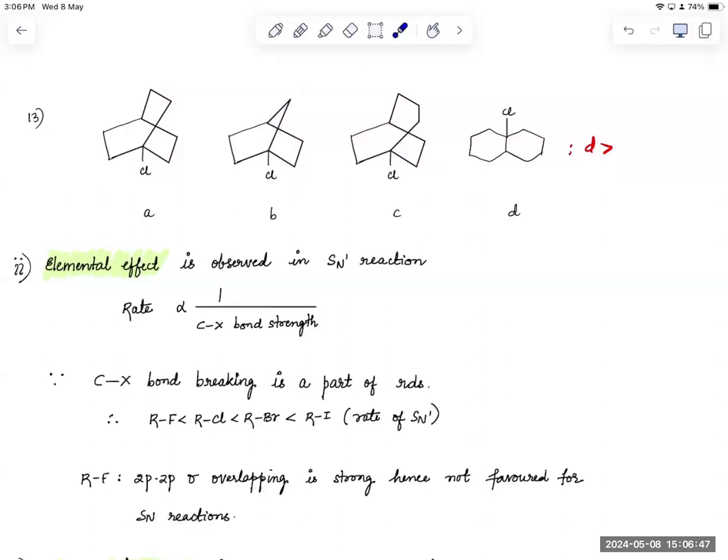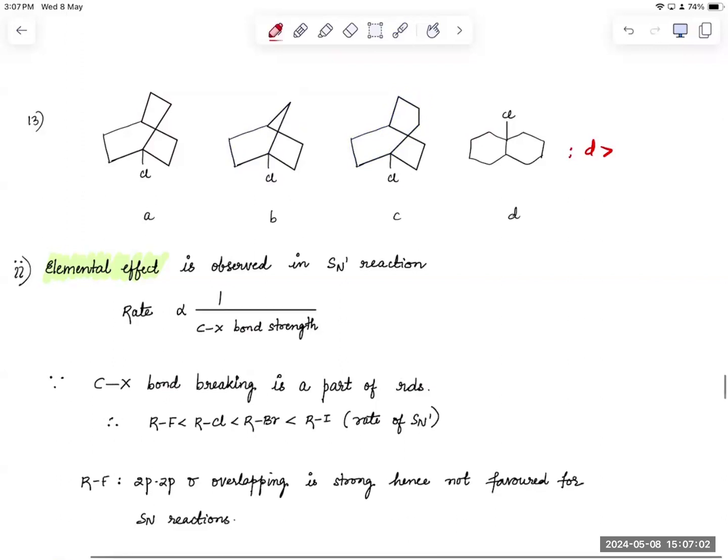They'll have a difference in making a carbocation, right? Why? Because it will have more strain. This is a 5-membered ring, it will have more strain, while this has a 6-membered ring, it has less strain. So we can say that C is better than A is better than B.